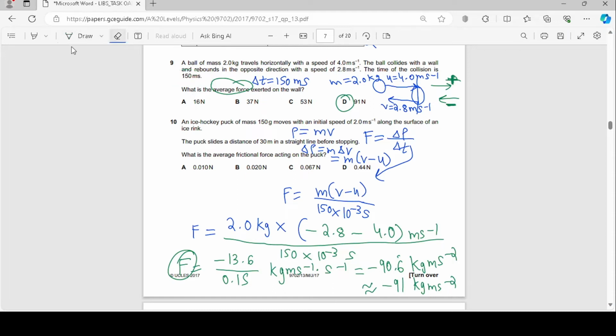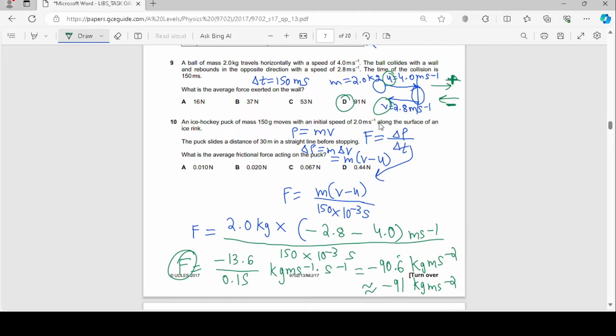Secondly, the initial velocity was 4 meters per second to the right, and the final velocity was 2.8 meters per second to the left. So the speed has decreased, which means you lost energy, which means you didn't have constant force throughout the duration of the collision. So it is the average force that you have calculated using this equation. That is something to realize as well.